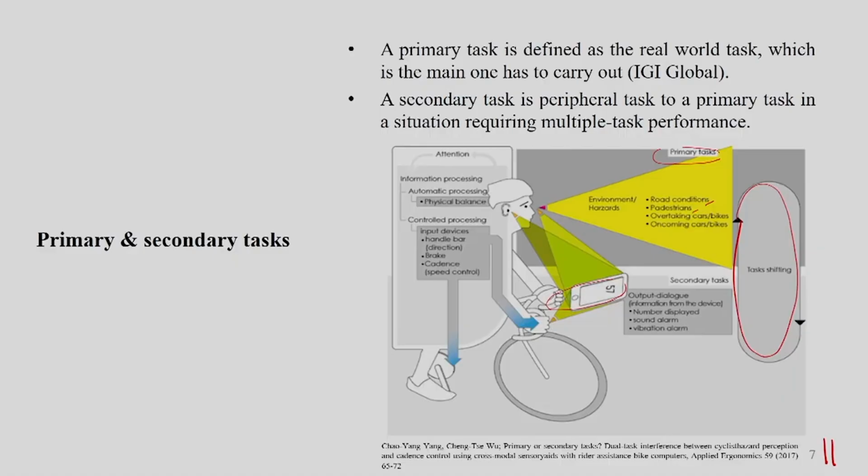Whereas secondary tasks are peripheral to a primary task in a situation requiring multiple task performance. We will go through more examples with a driving simulator, then we can understand it more. This secondary task is very much connected to your reaction time, how quickly you are responding to a particular piece of information.